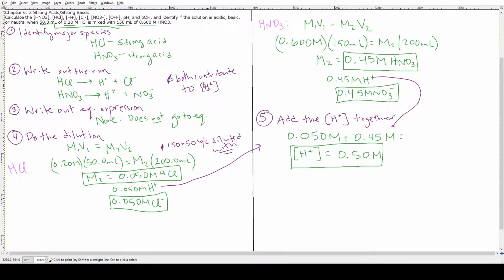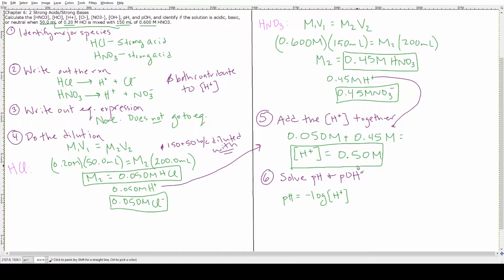Awesome. So I've got all these concentrations that I asked for, but now I need to figure out the pH and the pOH. So step 6 is solve pH and pOH. We know that the pH is equal to the negative log of the concentration of the hydrogen ions. By the way, you could do this without me by now. You've done this lots of times.